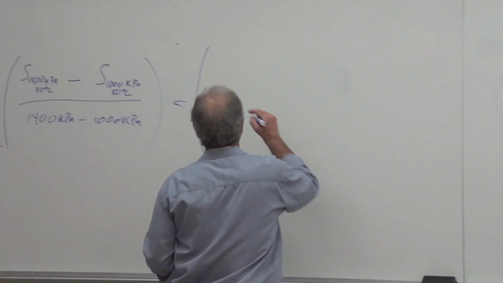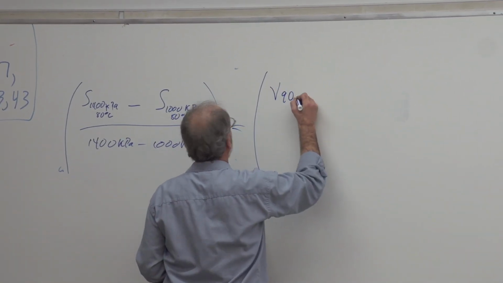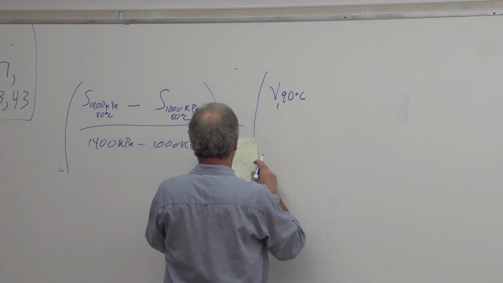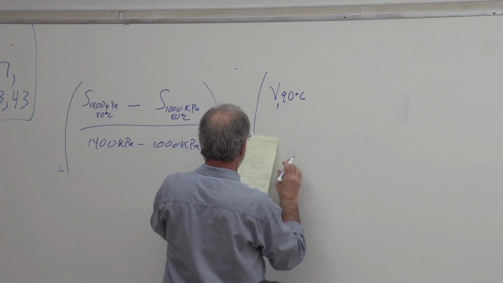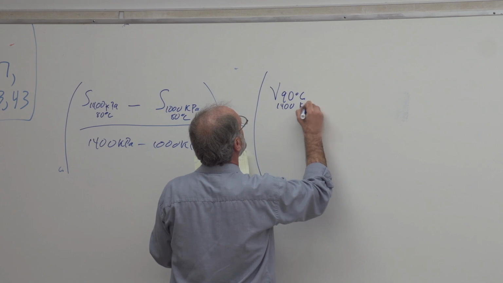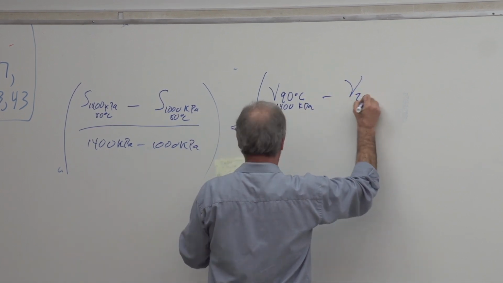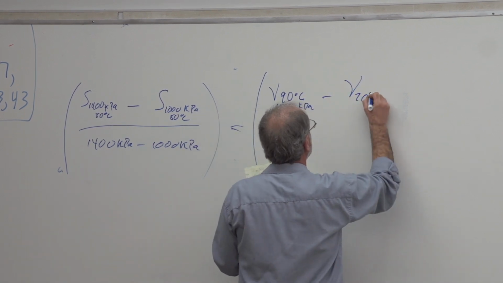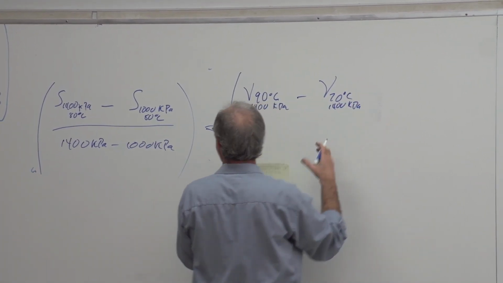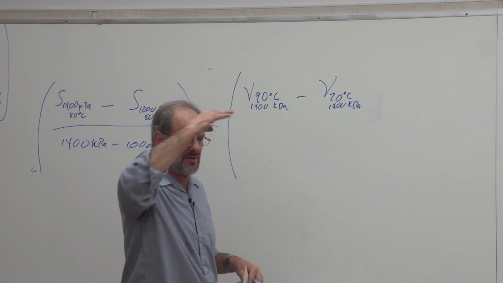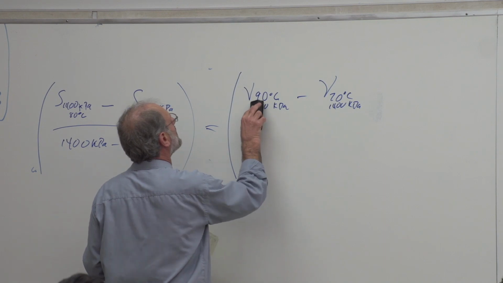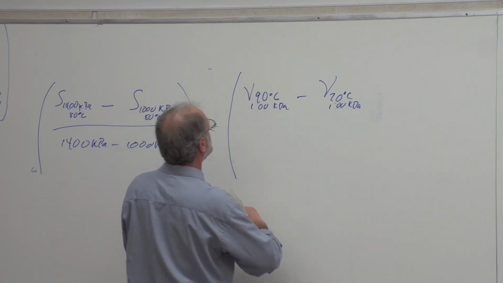So this will be the specific volume at 90 degrees Celsius, but also at 1,400 kilopascals minus the specific volume at 70 degrees Celsius, corresponding to 1,400 kilopascals. Oh, I'm sorry, 1,200 kilopascals, right? 1,400 and 1,000 are the bounds. This is my data at 1,200. So this should say 1,200.